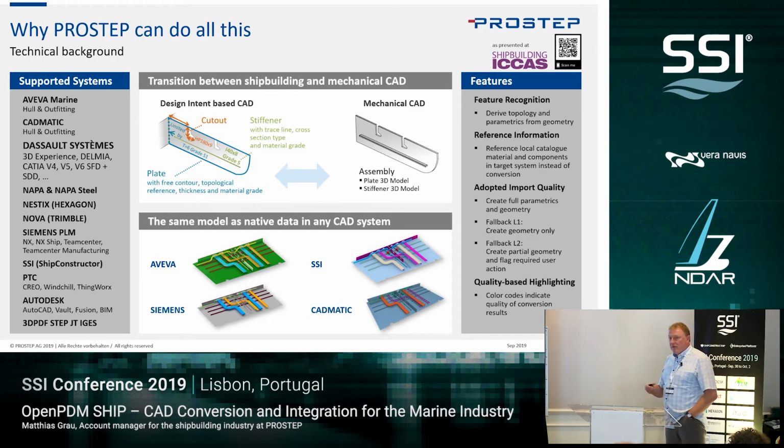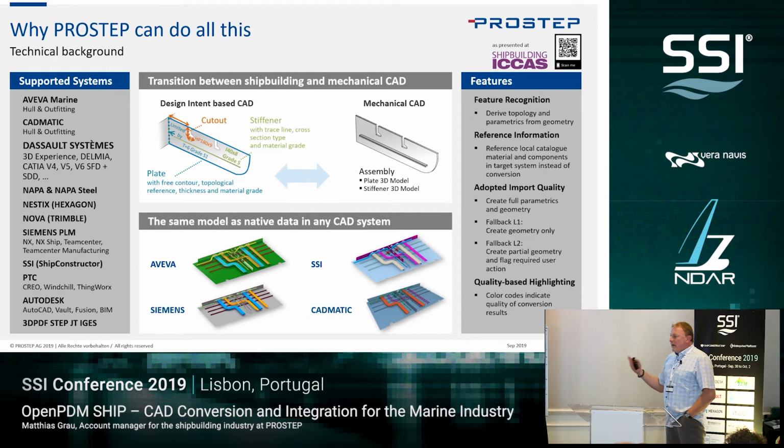So SSI was in the team at that time 2 years ago already, and we together basically created the input for the paper, which basically was take this assembly, as you see it here, and model it, same thing in all of those systems, and look into the data structure that was created in the databases of those systems, and compare it, and put it one next to the other, and see how does a plate look like, how does a pipe look like, how does a profile look like, how does a profile end cut look like, and so on and so on.